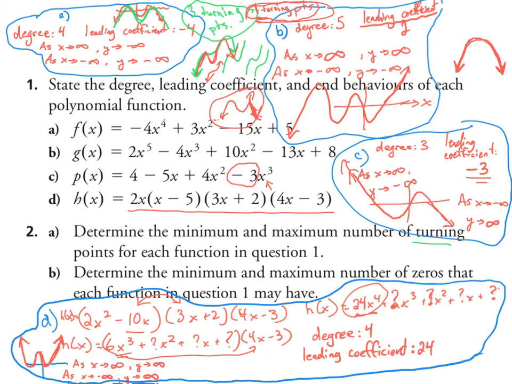So anytime it starts and stops in the same direction, like if it's starting from high and ending high, then you definitely had some turning point to get it back up there. So a minimum of 1. So the answer is the minimum number is 1 turning point, and the maximum number is 3 turning points.